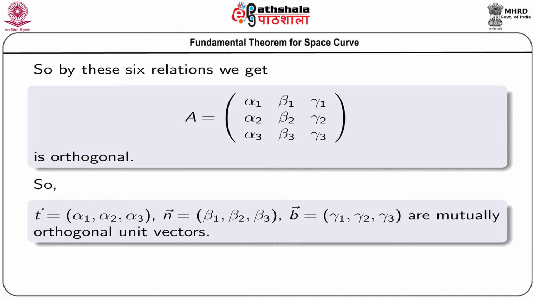Now, if we consider α1 α2 α3 as the components of a vector T, β1 β2 β3 as the components of the vector n, and γ1 γ2 γ3 as the components of the vector b, then we can see easily that they are mutually orthogonal unit vectors. By the above relations we are getting that these T, n, b are mutually orthogonal unit vectors.